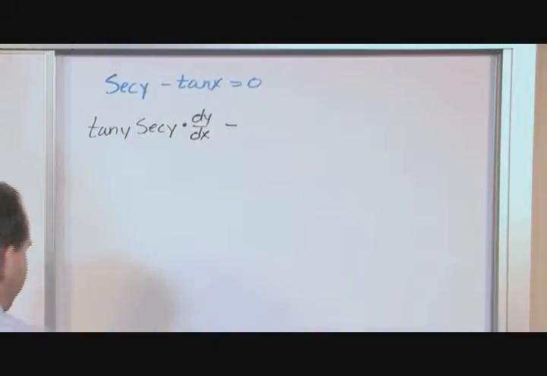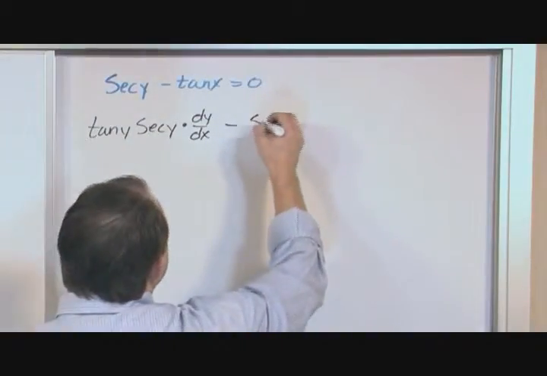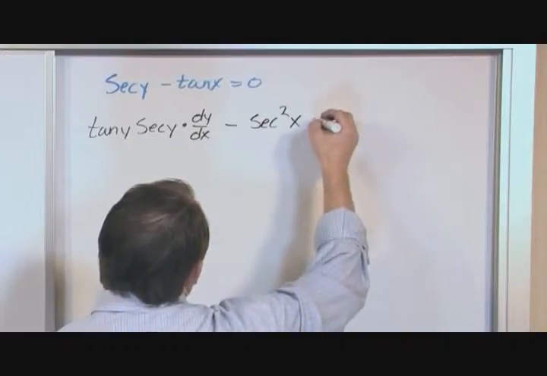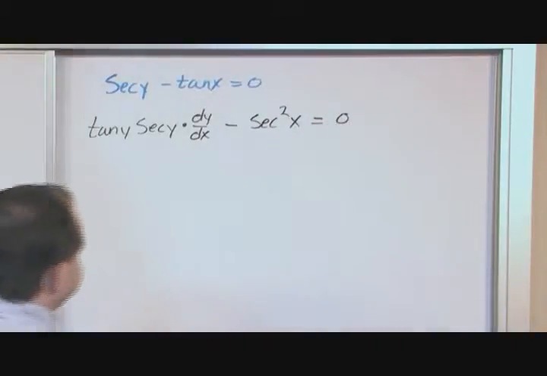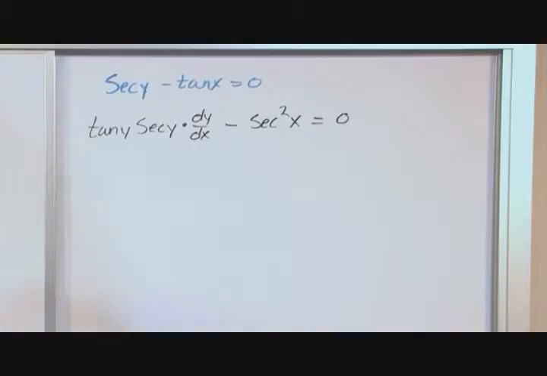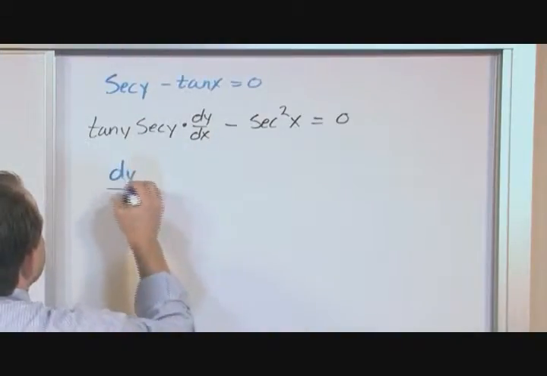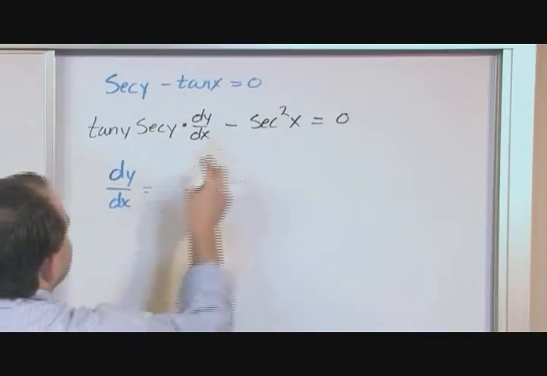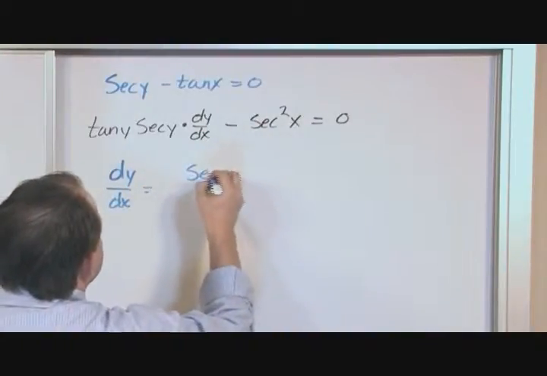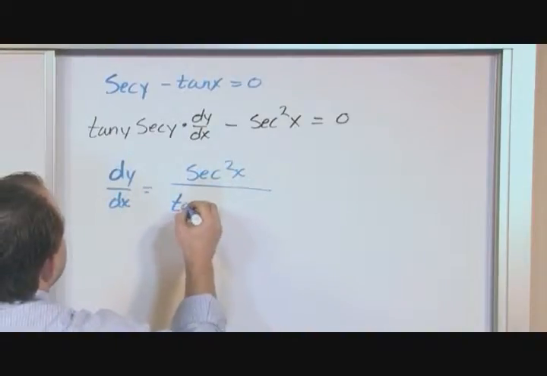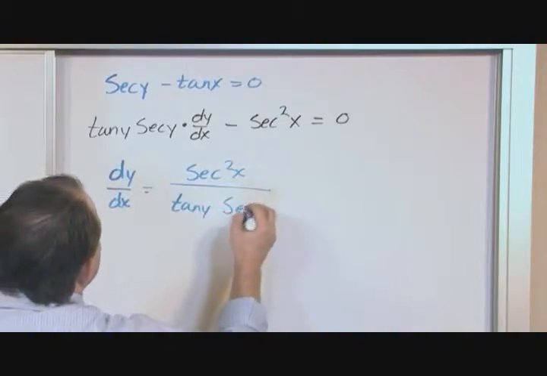Next, the derivative of tangent is secant squared. Secant squared x, that's it, and then we have equal 0. All right, so then all we do is solve for dy/dx. dy/dx is equal to, we move secant squared over there, so positive secant squared x, and on the bottom we write tangent y secant y.